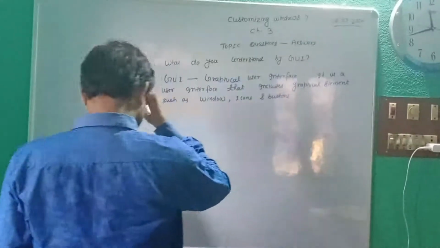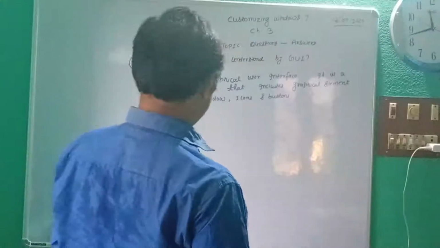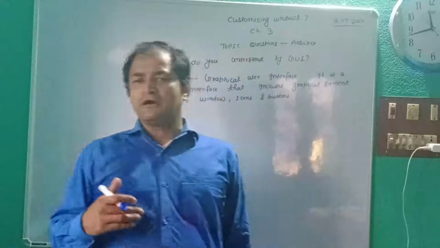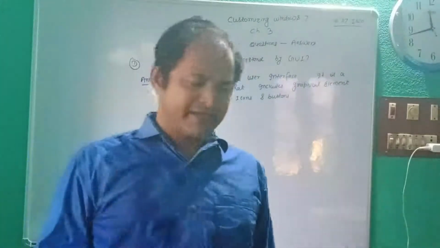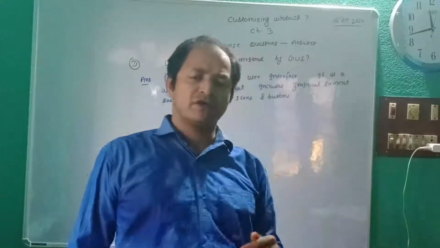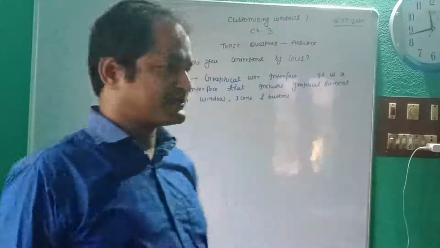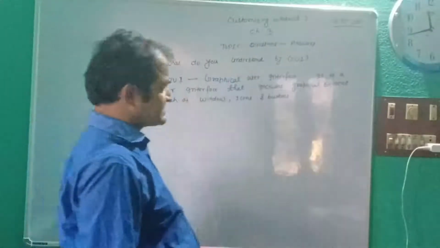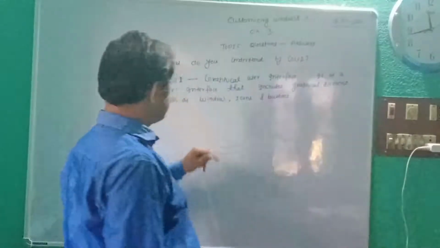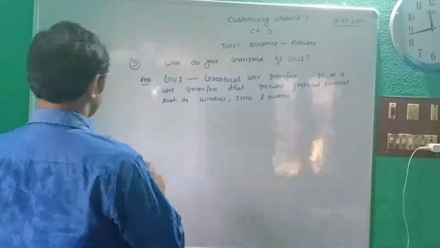This is the graphical user interface. What do you understand by GUI? My dear students, if anybody asks what is the GUI, the GUI means the graphical user interface. GUI stands for graphical user interface. It is a user interface that includes graphical elements such as windows, icons and buttons.